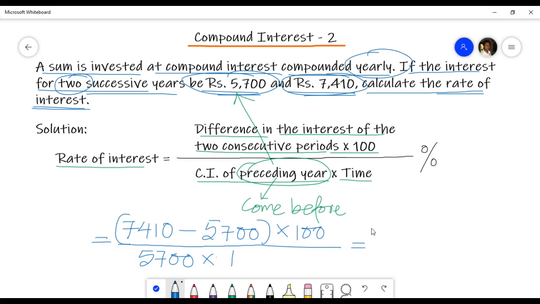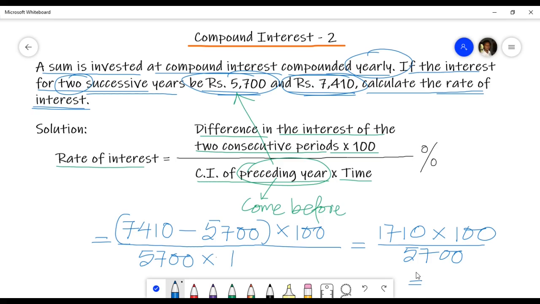We will simplify this to get the answer. 7,410 minus 5,700 will be 1,710, into 100, divided by 5,700. I hope you also are calculating it as you are seeing this calculation.